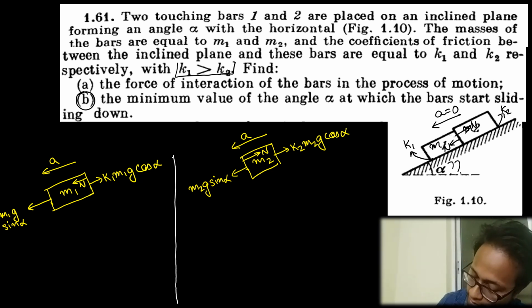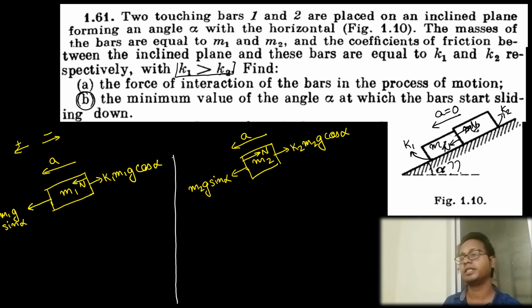So let's write down the equation. I'm assuming this direction to be positive, this direction to be negative. A general rule of thumb for solving equations in this chapter is to try to assume the direction of acceleration as positive. Is it a necessary condition? No, but it will help you in most of the cases.